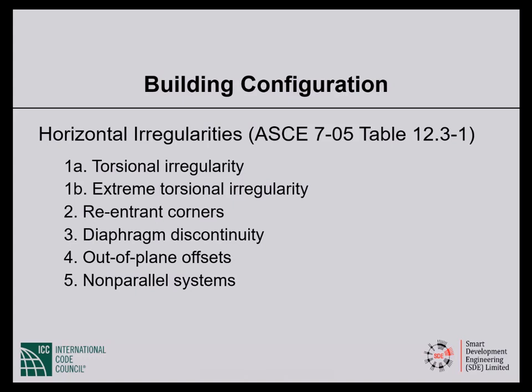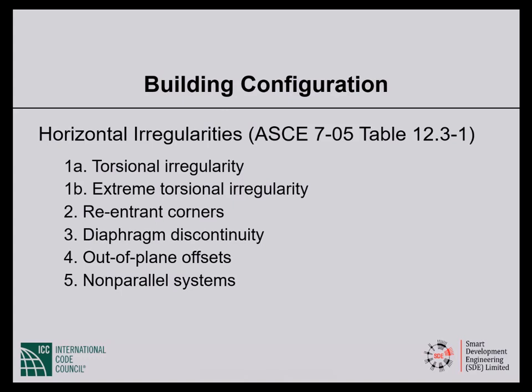The table of horizontal irregularities has 5 categories of horizontal irregularity: torsional, re-entrant corners, diaphragm discontinuity, out of plane offset of the seismic force resisting system, non-parallel seismic force resisting systems.